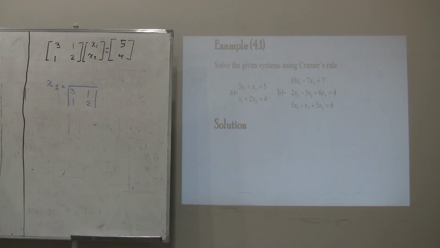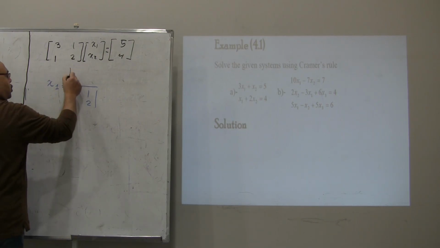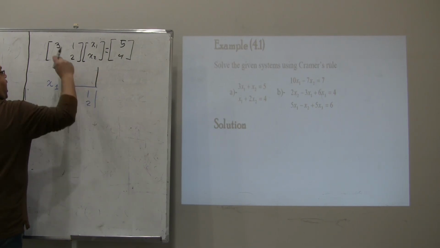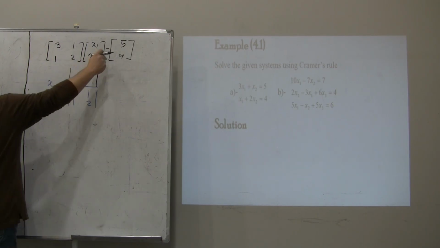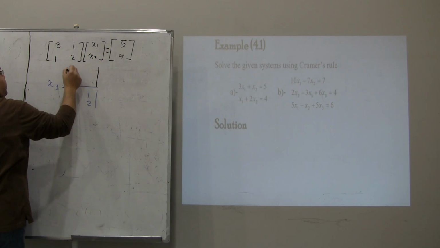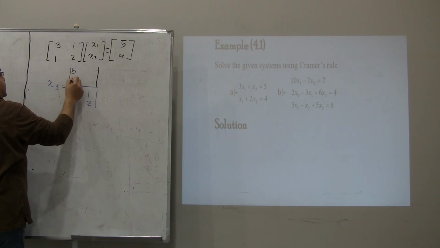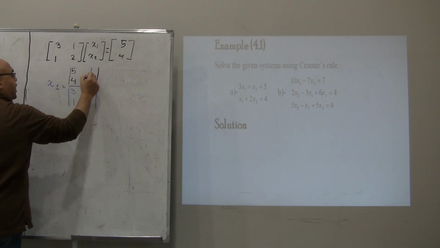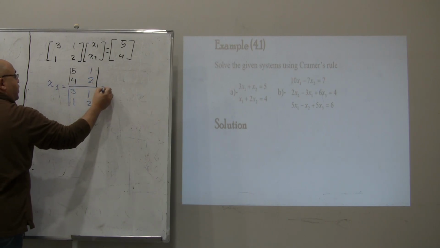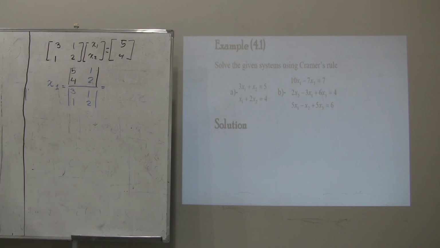Then I will write the determinant relative to the first variable. I will replace the first column, which is the coefficients of x1, with 5 and 4. That's the result column. The remaining column of the determinant stays the same, so it's going to be 1 and 2. Now I will be able to evaluate the value of x1.